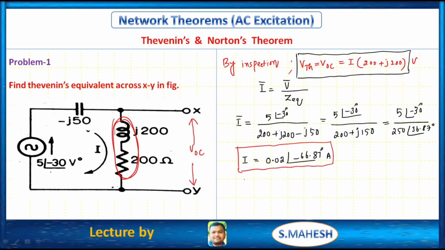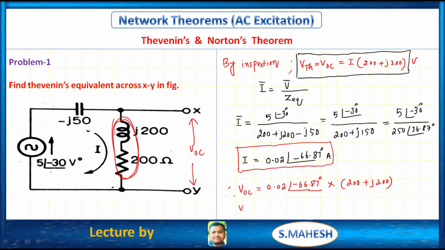Next, what are we doing? Therefore, VOC is nothing but 0.02 at an angle minus 66.87 times 200 plus J200.